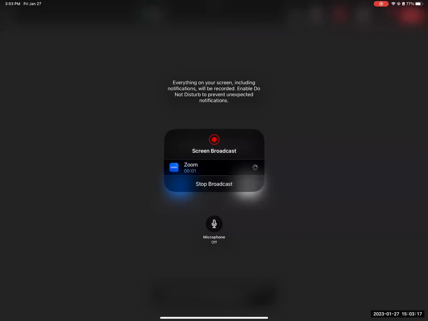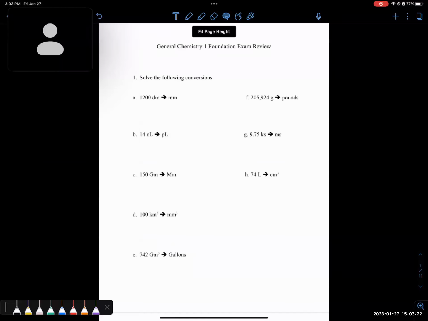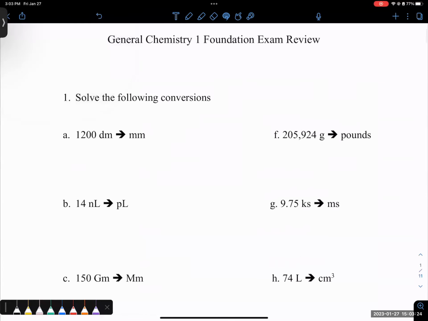So share my screen here. I want to cater to what y'all feel like you need. If y'all are perfectly fine with conversions like these, I'm not going to waste your time on that.